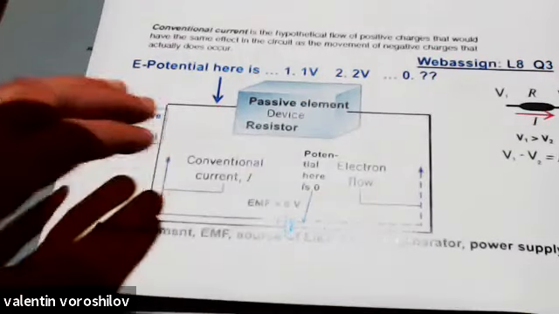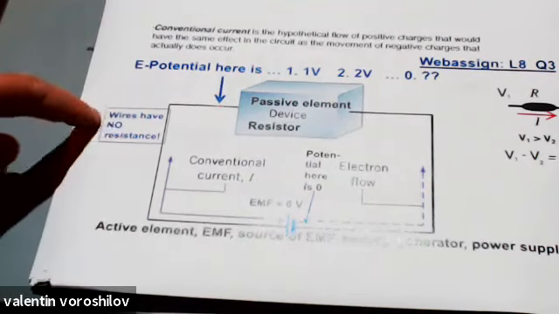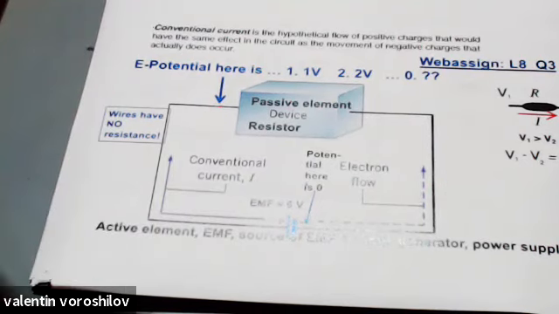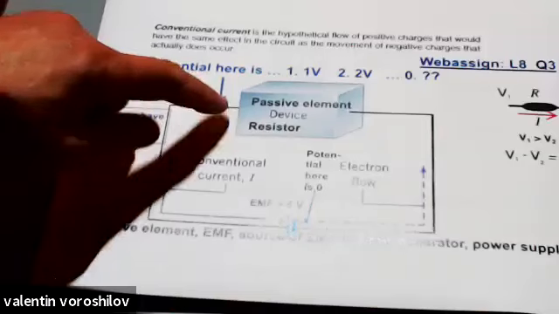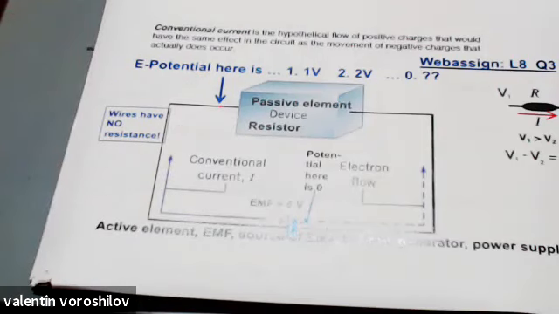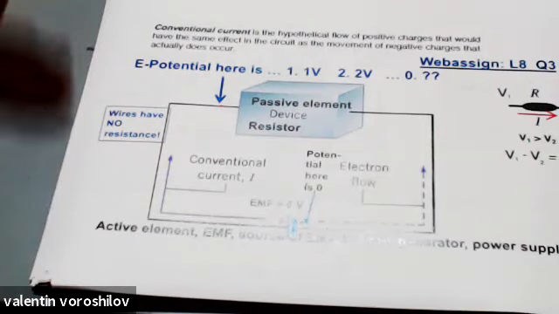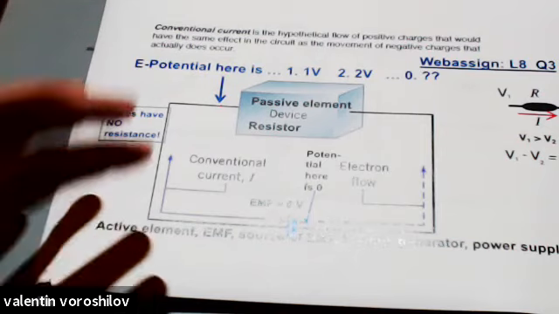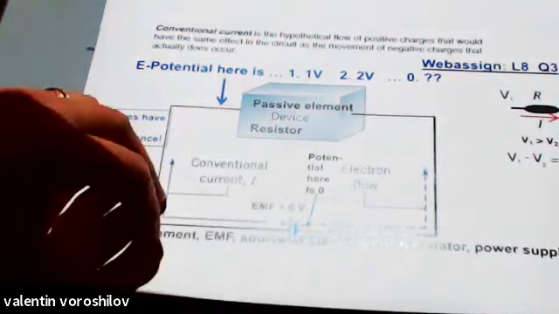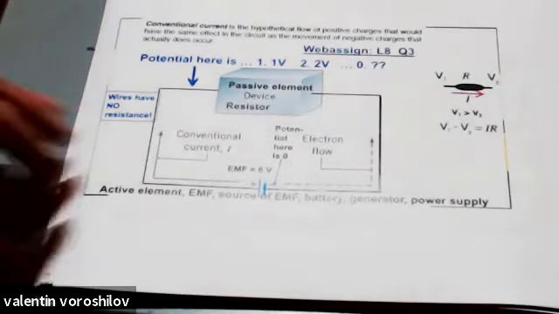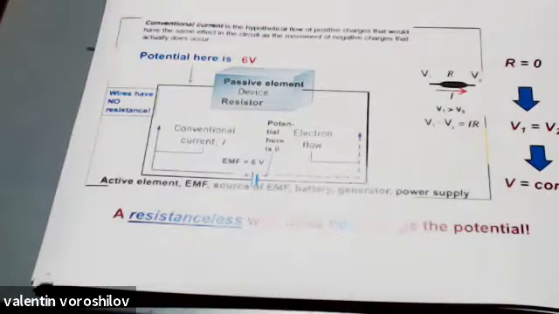So just remember, a wire has no resistance. That's why a wire does not change potential. And EMF, or epsilon, is just a fixed value for voltage provided by the battery. All right, I just did this.